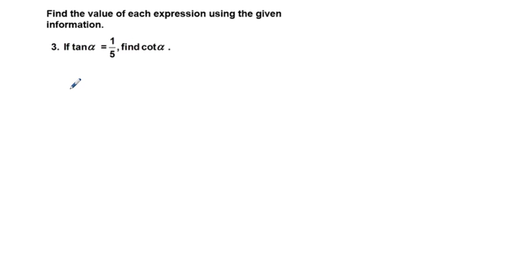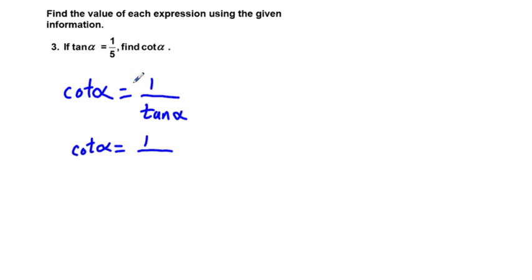Cotangent alpha is equal to 1 over tangent alpha, which is 1 over 1/5.